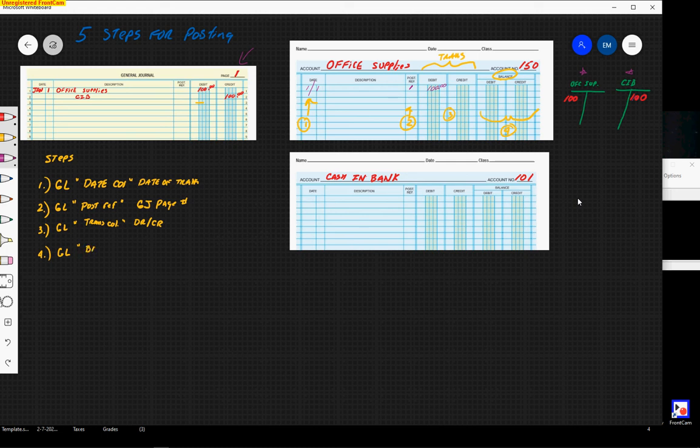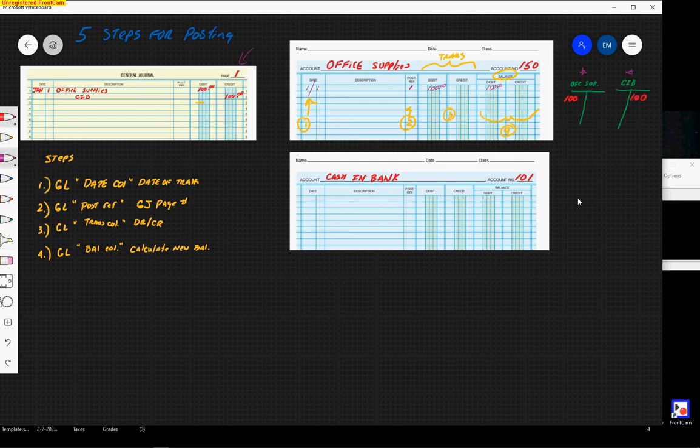General ledger. Where on the form? Balance column. What do you do there? Calculate new balance. In that case, there's no balance to speak of, so we have a $100 balance.